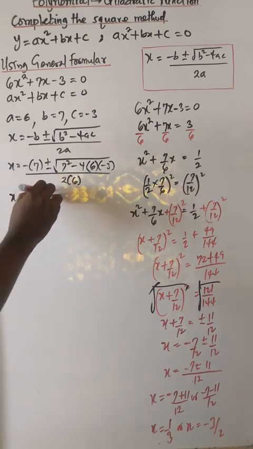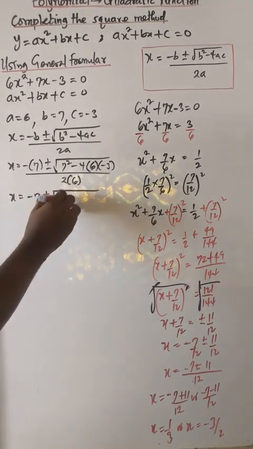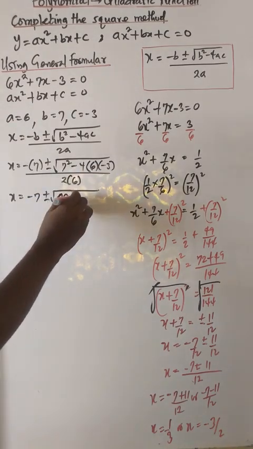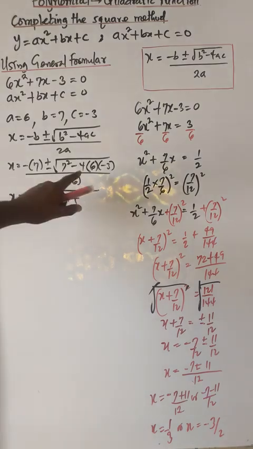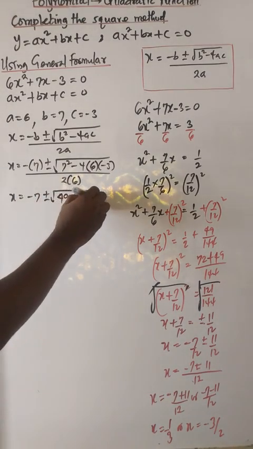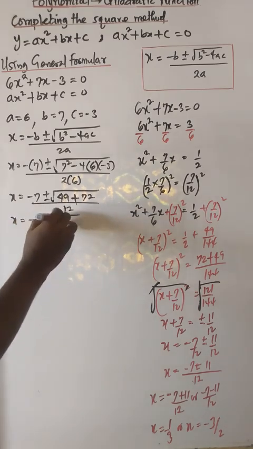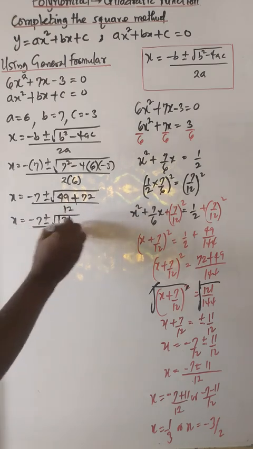x becomes minus 7 plus or minus the square root of 7 squared, 49, minus minus plus. So if you multiply 4, 6 and 3, you get 72, divided by 2 times 6, 12. So x equals minus 7 plus or minus the square root of 121 over 12.